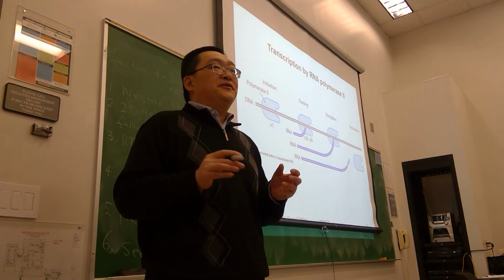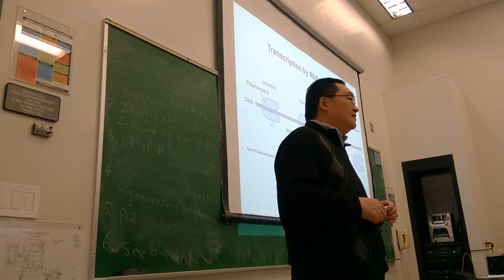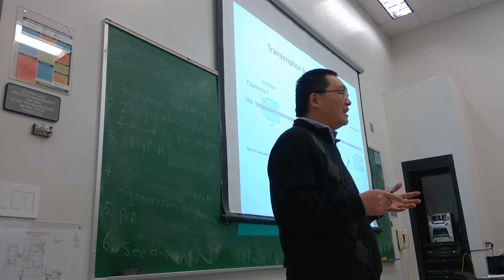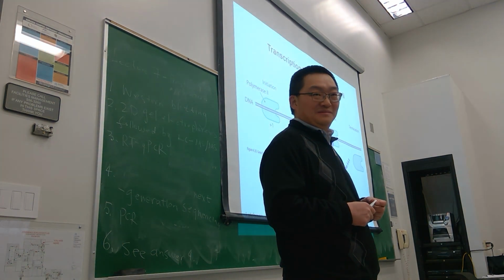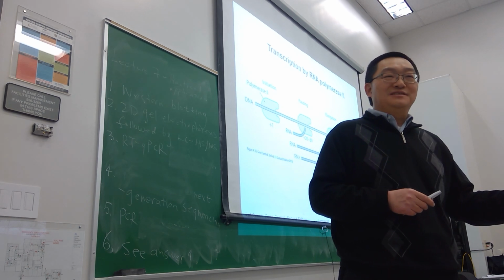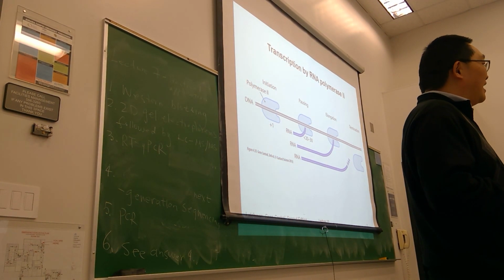So in the human genome, we already talked about housekeeping genes, which are normally active. And you have silenced genes, which you can divide into two categories.